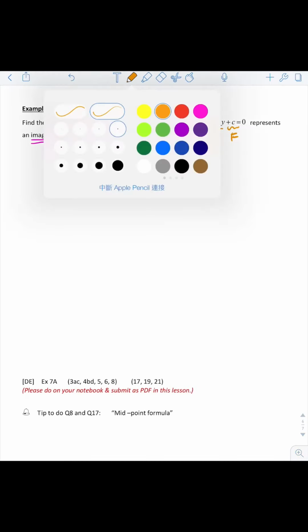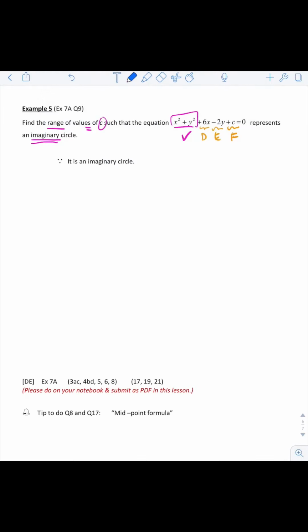So, D, E, F are 6, negative 2, and C respectively. So we have the term under the radical sign of the formula of the radius is negative.